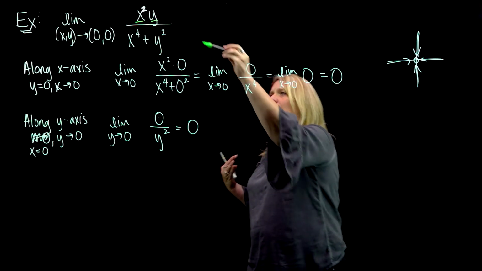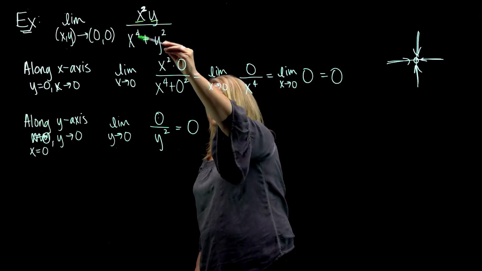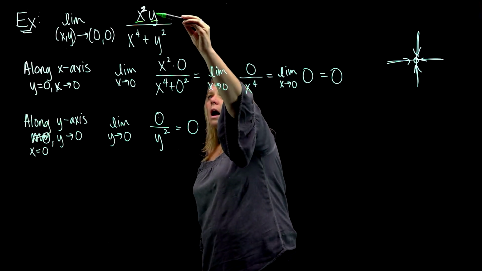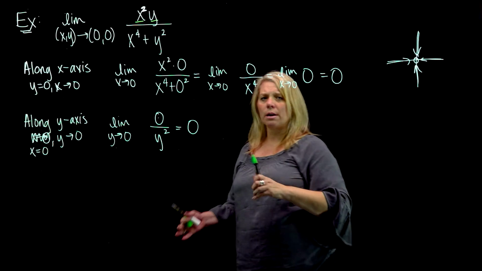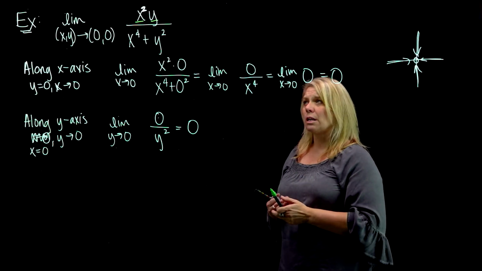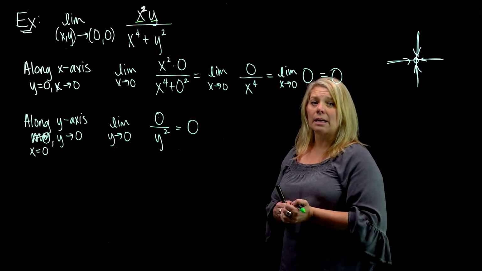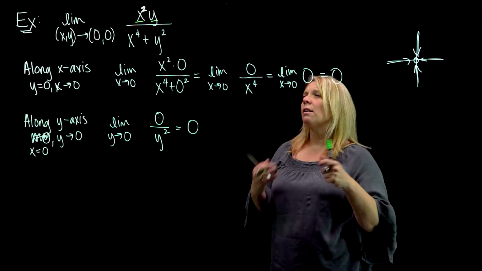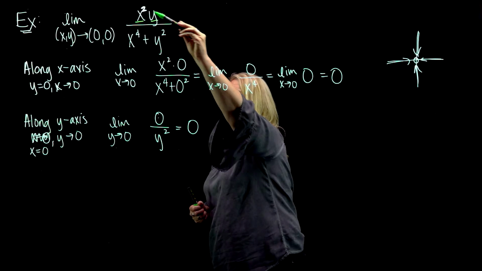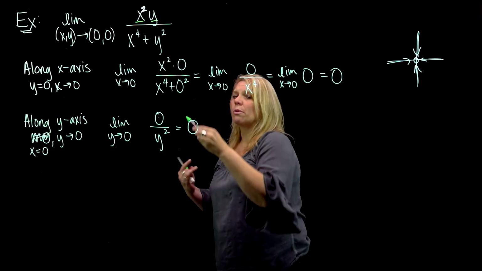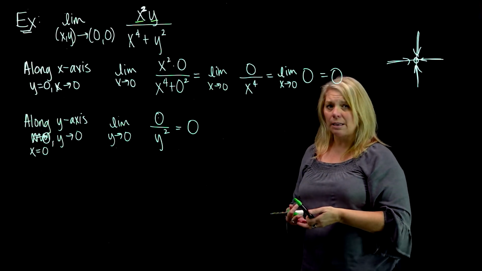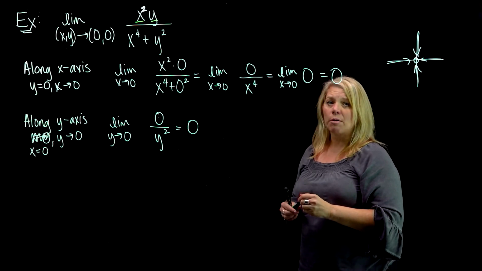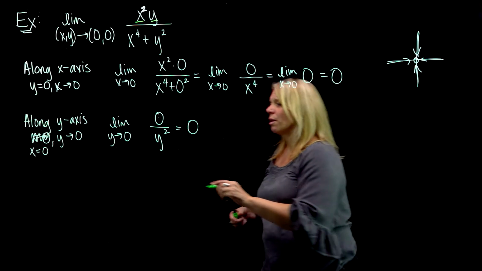So x squared, and then this is x squared squared, and y squared. So there is some symmetry in the equation between y and x squared. Even if you didn't see those parabolas in the graph, noticing that symmetry between y and x squared might lead you to think about trying a parabola as another path of approach.